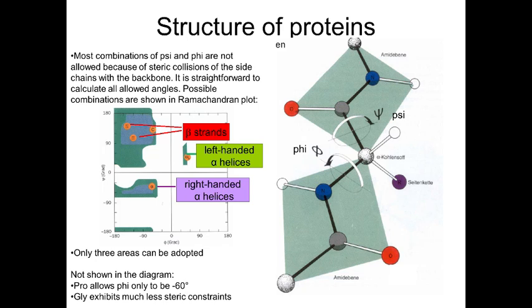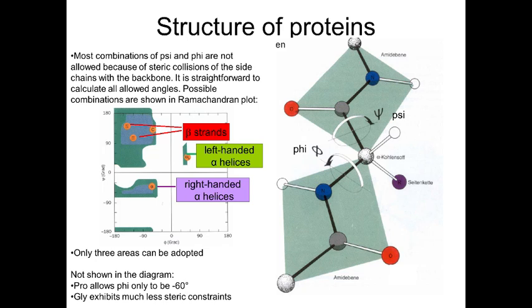Let's move now and look at what different structures can be adopted according to these 2 angles. So the angle omega is fixed, and now we need to concentrate on the 2 most important angles for the adoption of secondary structures, and these are psi and phi that are shown in the figure on the right.